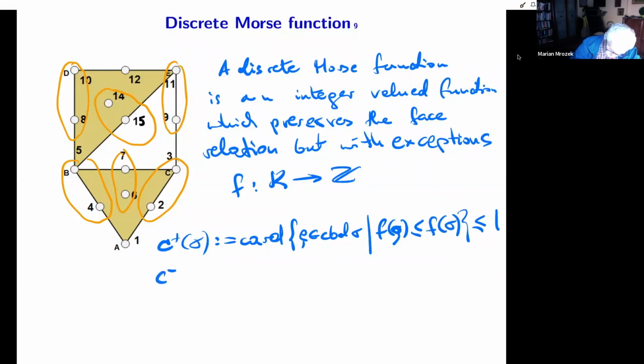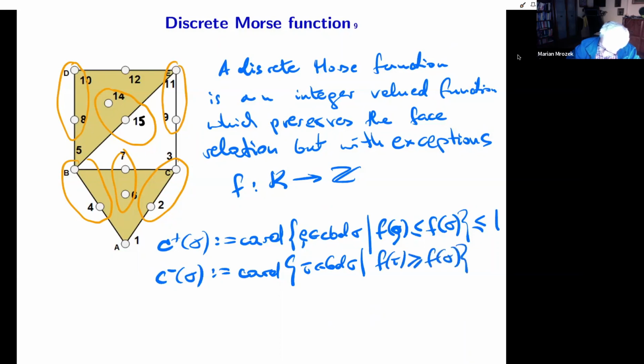And there is a dual assumption. Then you take tau in the boundary of sigma, such that f of tau is greater or equal than f of sigma, and here there is at most one exception per each simplex. So for each simplex, when you go through the boundary, there is at most one facet in the boundary where the value is greater, not less.